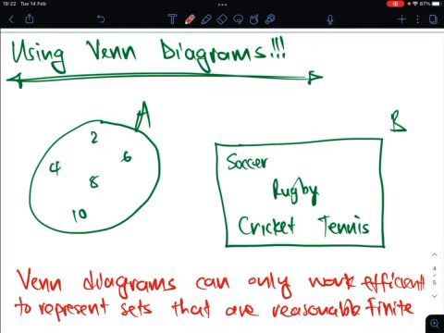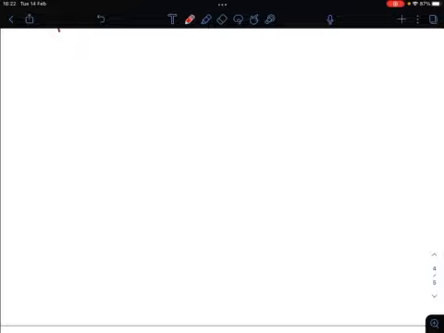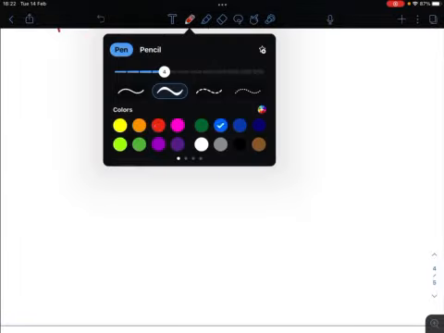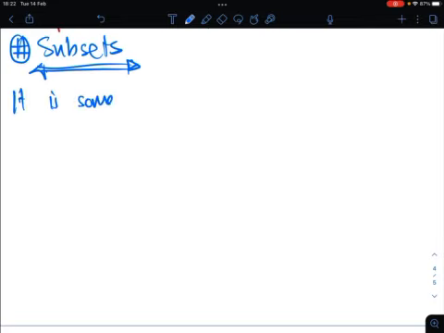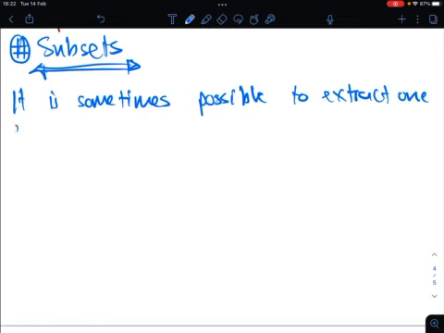Then the last thing that we want to talk about for now is subsets. It is sometimes possible to extract one set from another set.